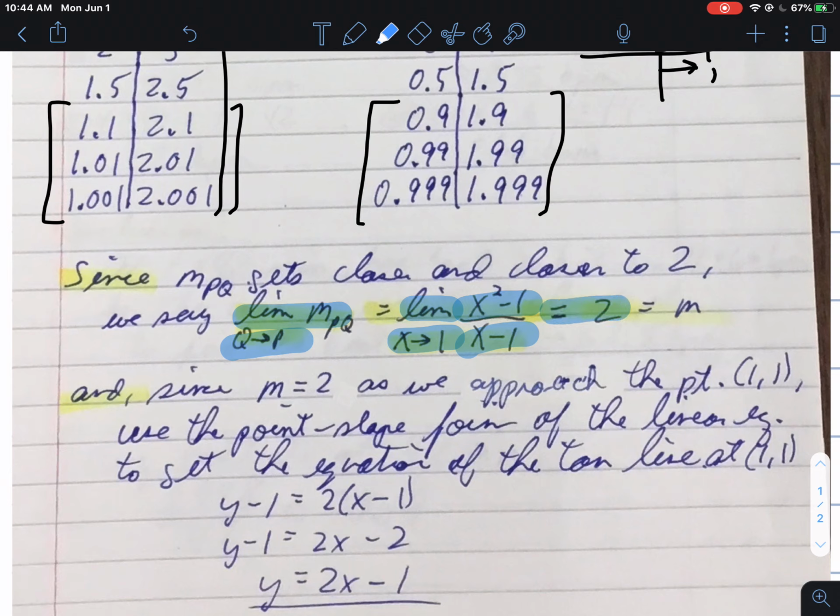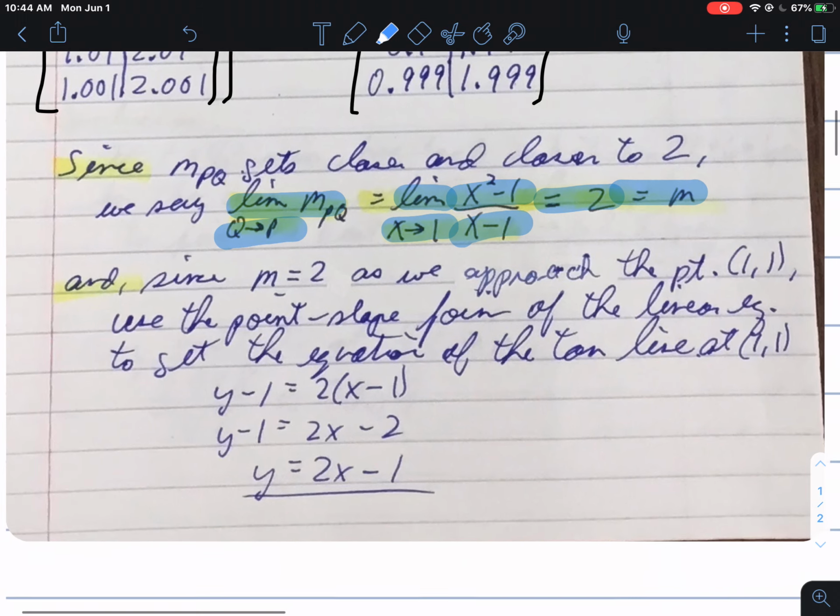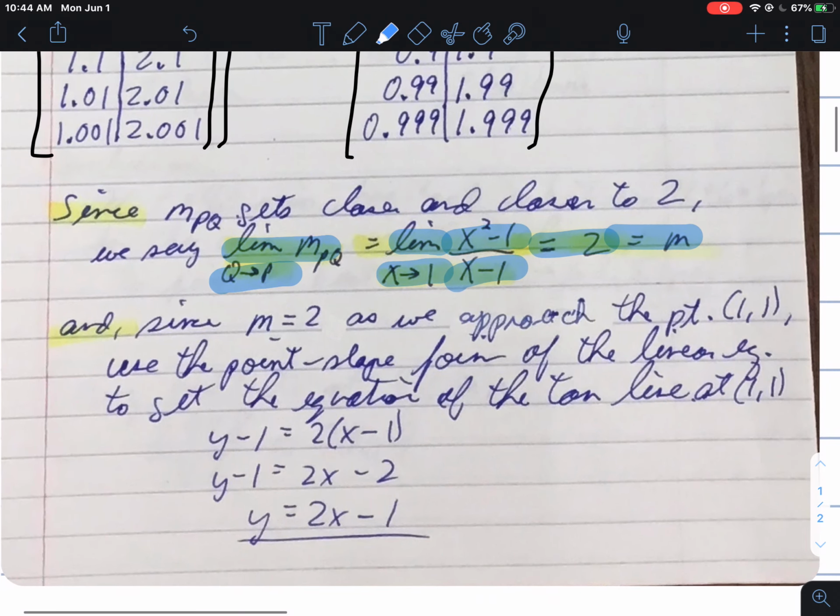So there's the notation. And we're saying that that would be m, the slope of our tan line, right? Now again, this is an observation based upon the information that we have in those tables. So it's based upon our observation about the secant line slope as x approaches 1.